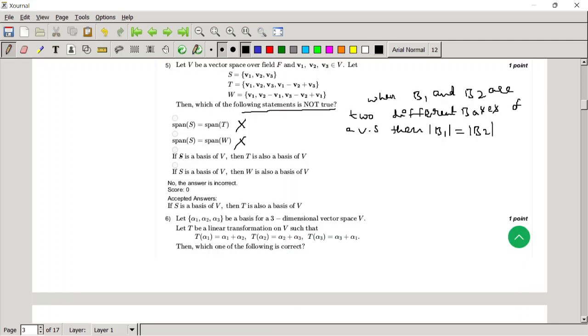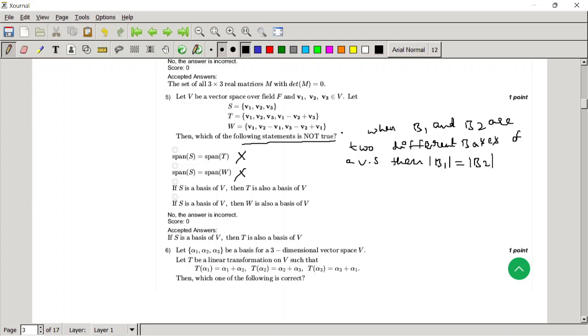So in the third option, if S is a basis of V, then T is also a basis of V. So here we use this statement. Suppose this statement is correct.